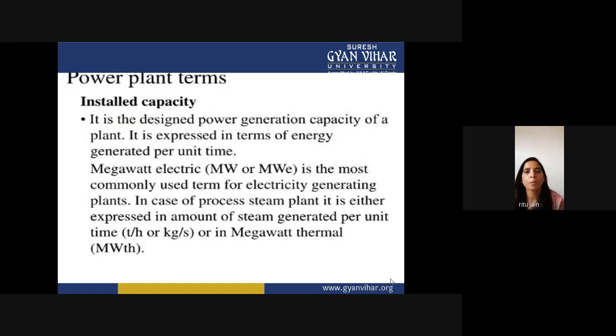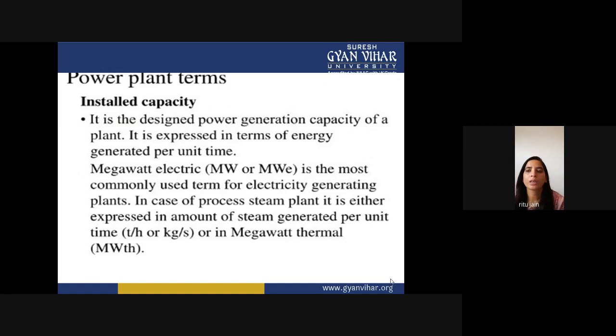So the power plant capacity depends upon a number of terms, one of which is installed capacity. It is the designed power generation capacity of a plant, expressed in terms of energy generated per unit time.